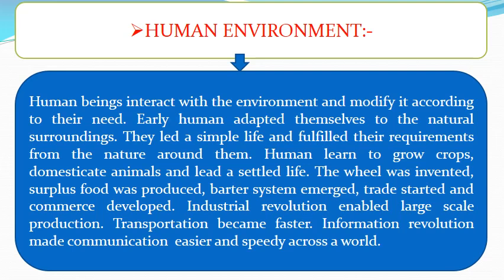Early humans adapted themselves to the natural surroundings. They led a simple life and fulfilled their requirements from the nature around them. Humans learned to grow crops, domesticate animals, and lead a settled life.